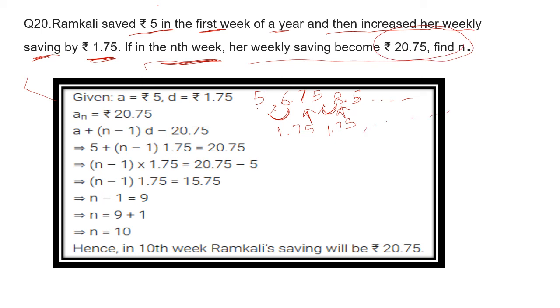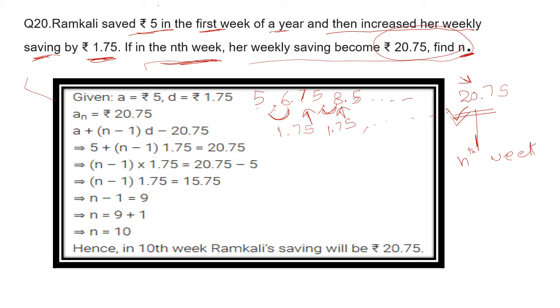This is not the last week, but this is some week, and we don't know which week it will be. So we are going to assume this week as the nth week, and we have to find out the value of n here, that is, which week it will be.